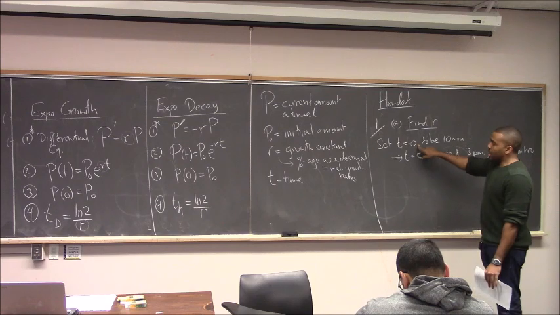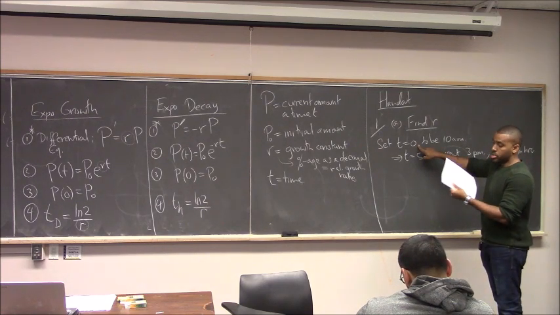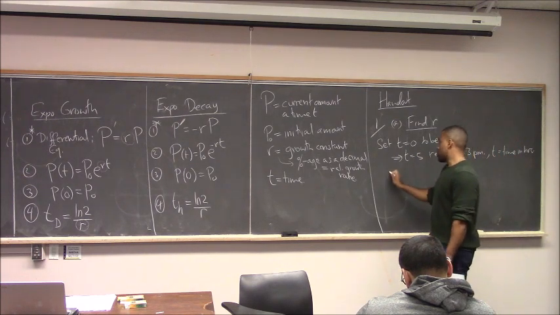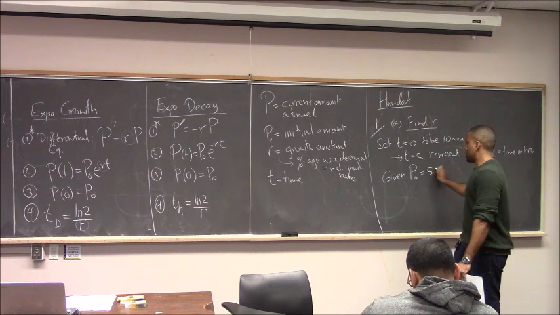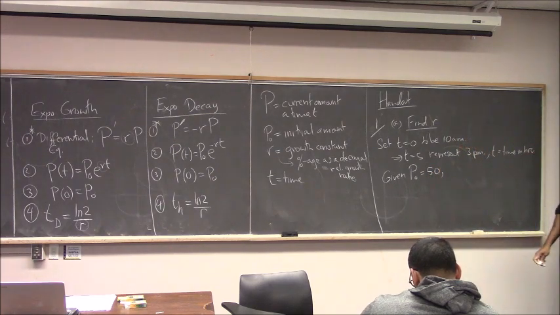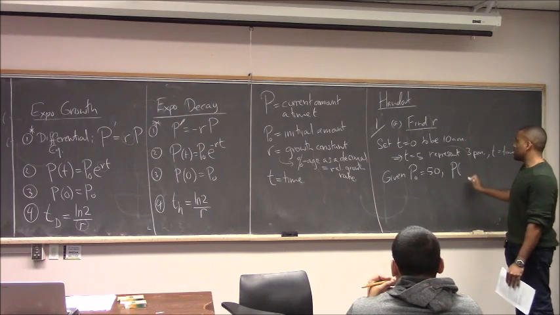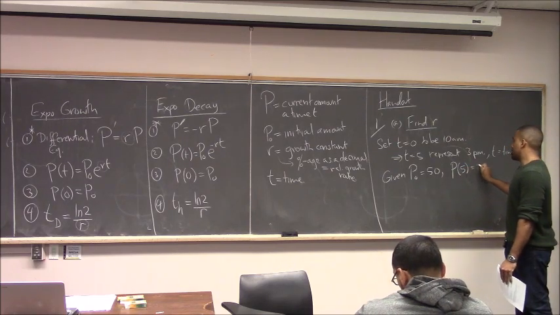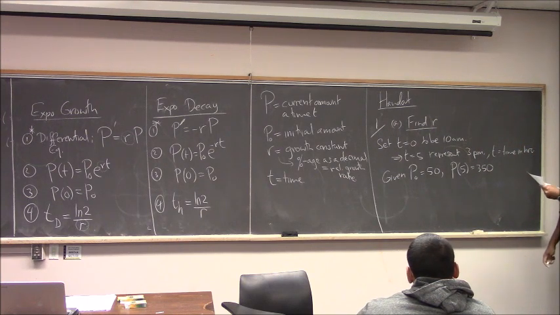Okay, so how much did we have at time equals 0? They told us 50. In other words, we're given that the initial amount is 50. We're also given that the amount when time is equal to 5 is equal to 350. At 3 p.m., right?